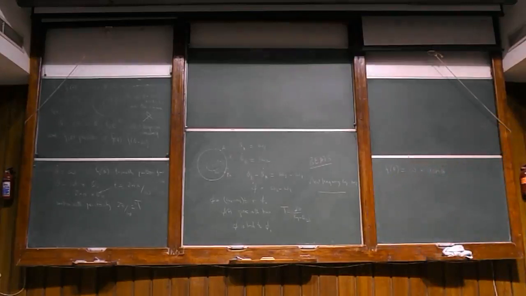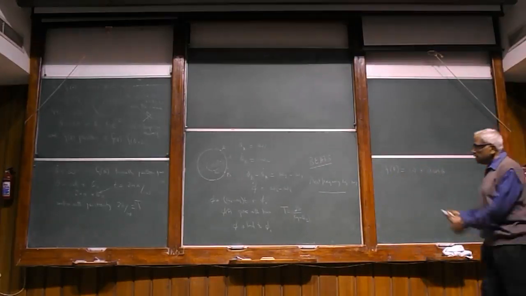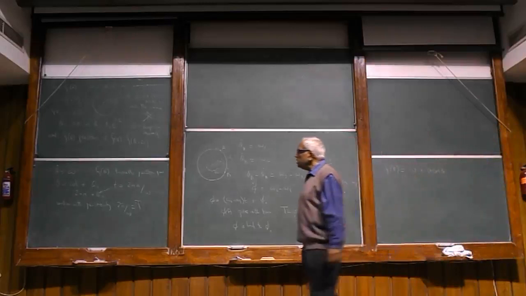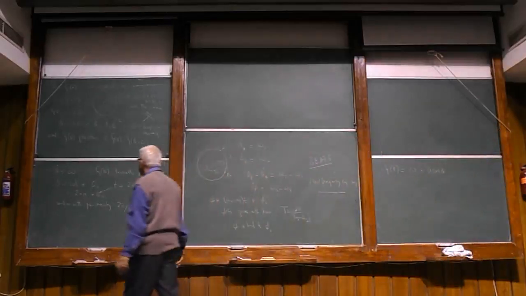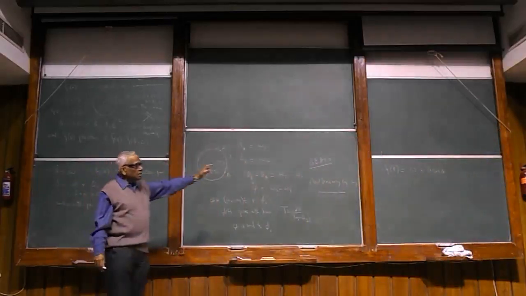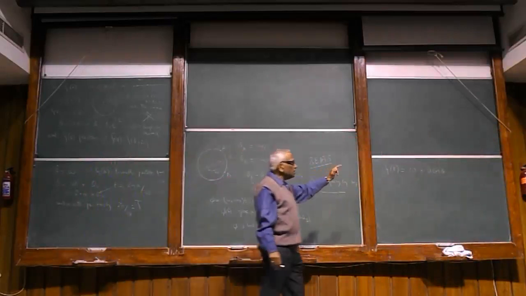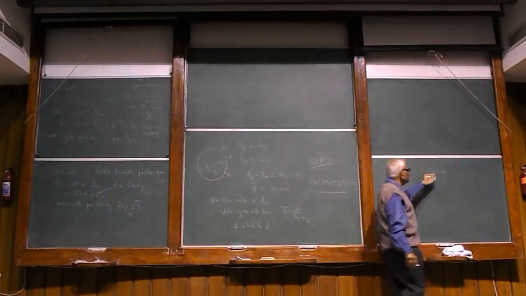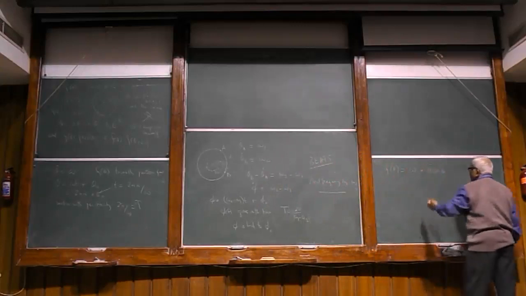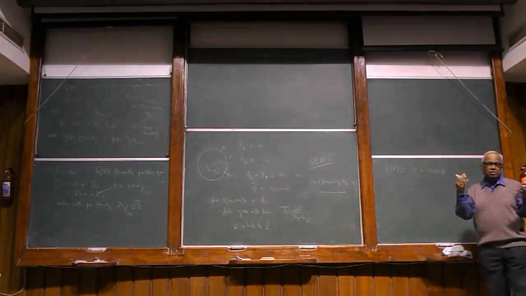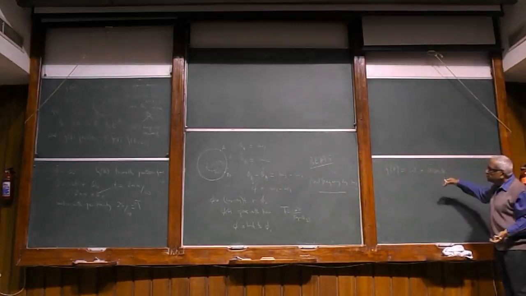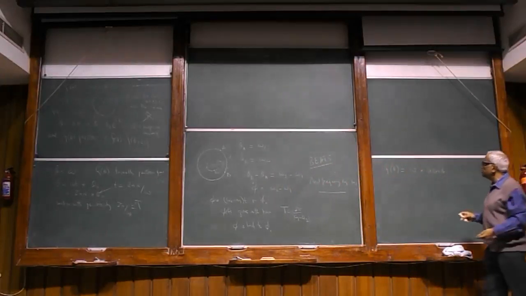So I make the f of theta a little more complicated, by adding to this trivial constant omega part a cos theta, which can increase or decrease the frequency with the changing angle.